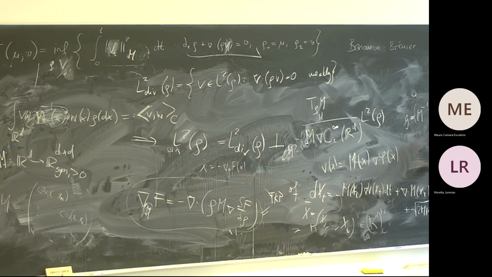What I want to say is that the inverse of this matrix M defines in coordinates a Riemannian tensor. And then this can be thought of as overdamped Langevin dynamics on a Riemannian manifold. So we just have to interpret everything in Riemannian ways: we take the Riemannian gradient and we take Riemannian Brownian motion.